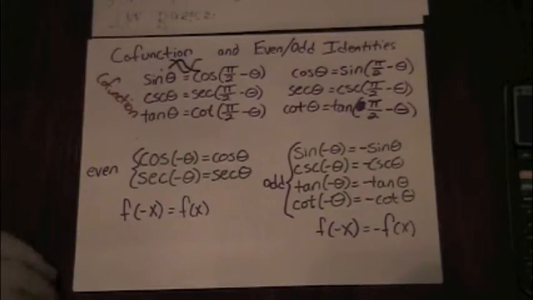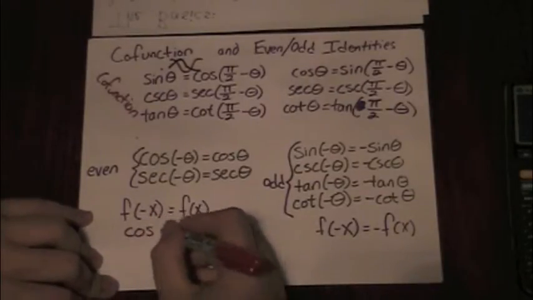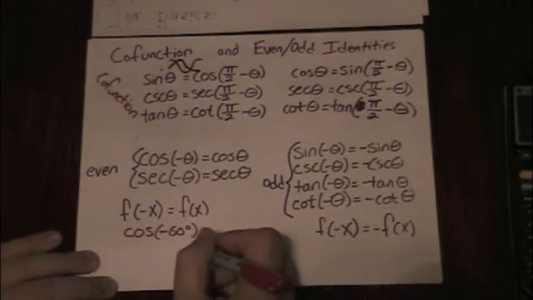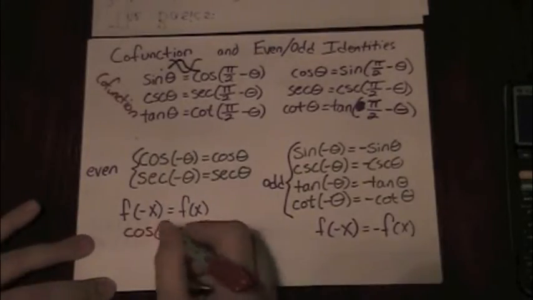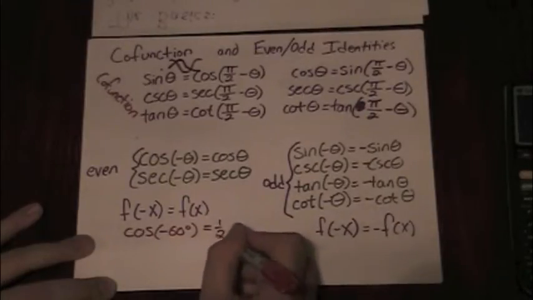And just to quickly take a look at these and verify that they look kind of similar, if I plug in the cosine of negative 60 degrees, I get an answer that's in the positive x coordinate of 1/2.